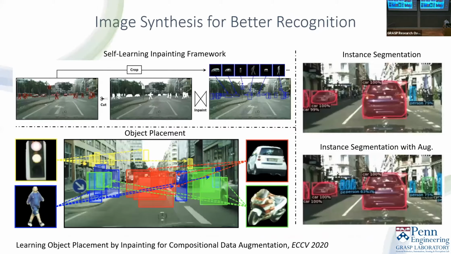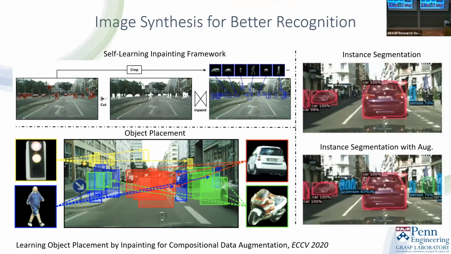We also study how image synthesis can be used for more general vision tasks, like better recognition systems. What we have done here is, given a cityscape image that contains lots of pedestrians, cars, traffic lights, this kind of object, we run instance segmentation, or use the instance segmentation labels on this image, and then we crop out all the objects from the scene, and use another image inpainting network to fill in the holes in the background.